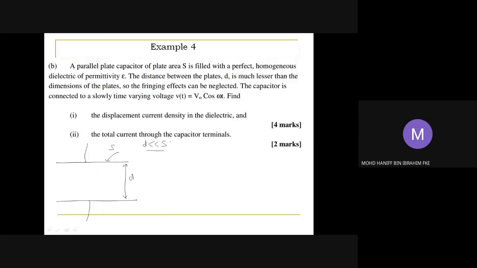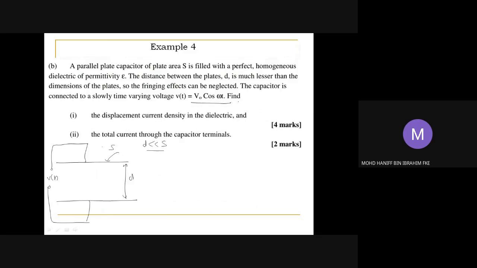So the capacitor is connected to a slowly time-varying source Vt, where Vt is V naught cosine of omega t.